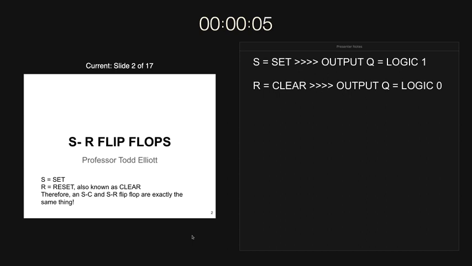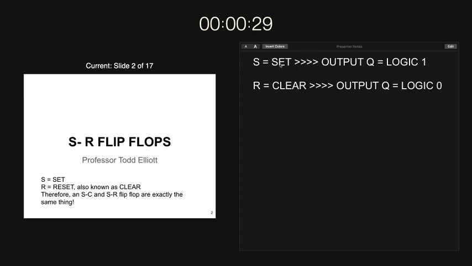Okay, so the SR flip-flop is sometimes called SC. The S stands for set, and when we set a flip-flop, we're making its output, called Q, a logical 1.